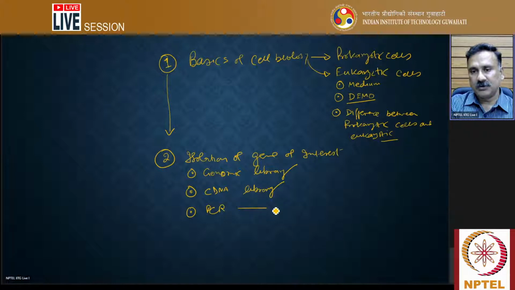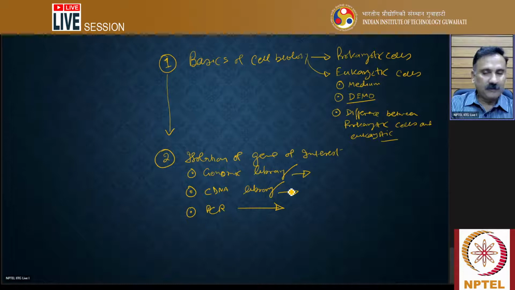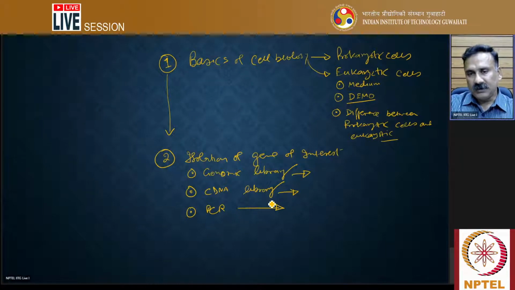All these three approaches we discussed in detail, for how you can use them for isolating the gene of interest. And while discussing the polymerase chain reaction, we discussed how you can design the primers. Primer designing we discussed in detail, with a demo also, showing you how to prepare the primer design.